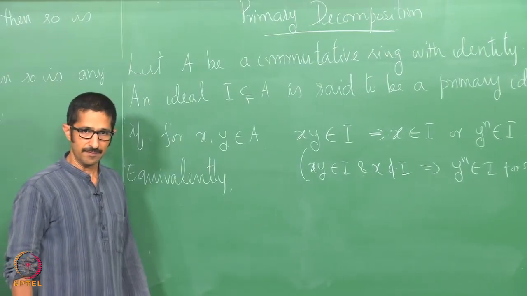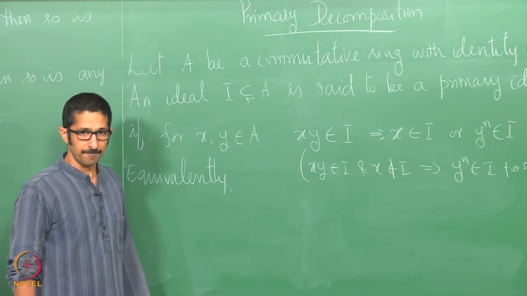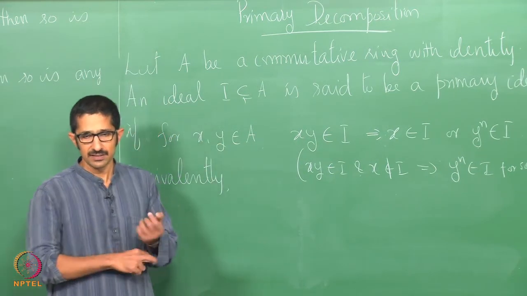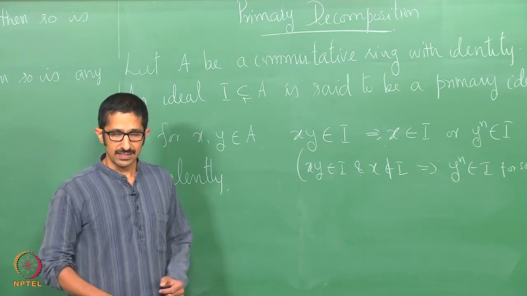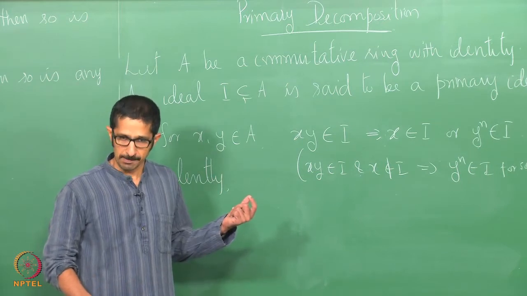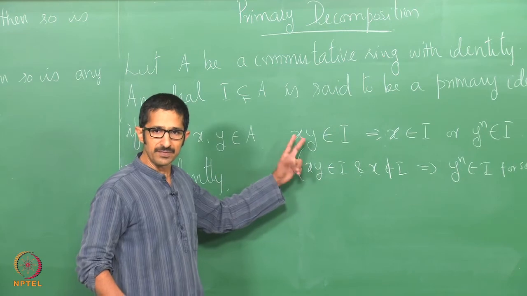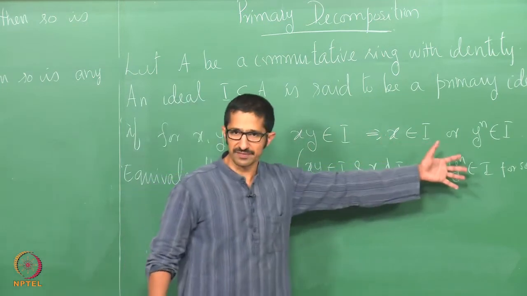So is this condition equivalent to xy belongs to I implies either some power of x belongs to I or some power of y? Yes, because x and y do not really distinguish between each other. xy is the same as yx, so you can switch the roles of x and y.